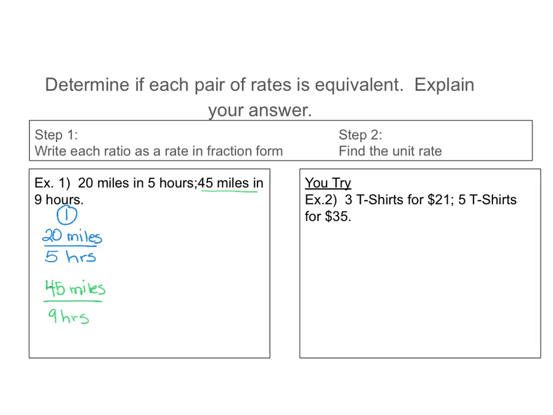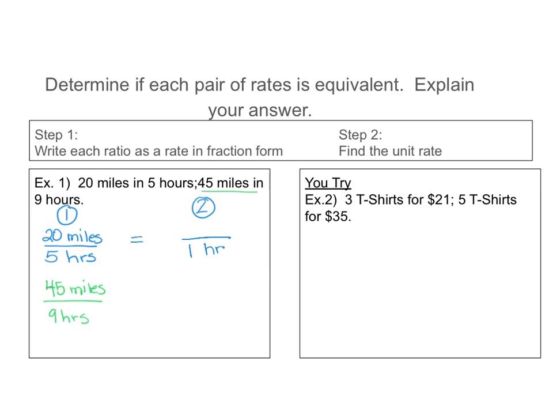Okay? The second step is to find the unit rate. So we've done this before, right? So that means that we need to get a 1 on the bottom or the denominator. So let's go ahead and do that for the top one. So I need to get, instead of 5 hours, I need to get to 1 hour.